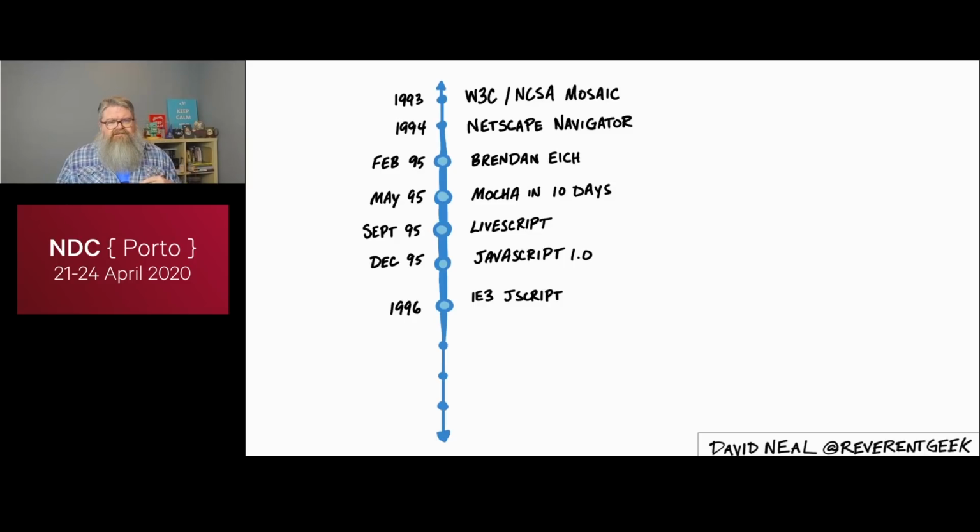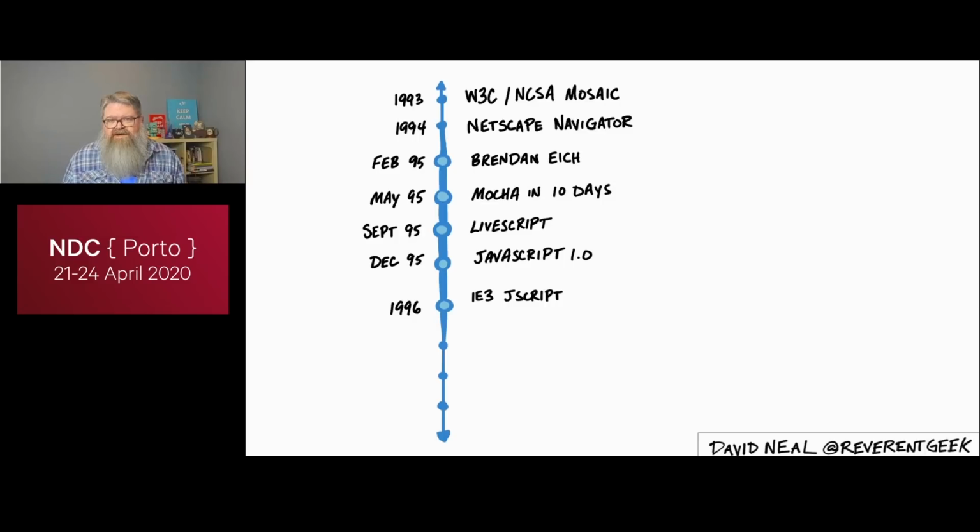Now, this prompted Netscape to go on the defense. So Netscape is seeing how Microsoft worked, at least around this time in history. Microsoft's classic strategy of embracing, extending, and extinguishing technology, right?